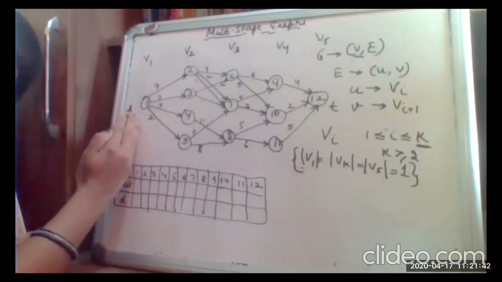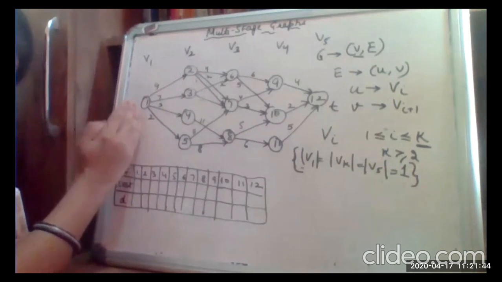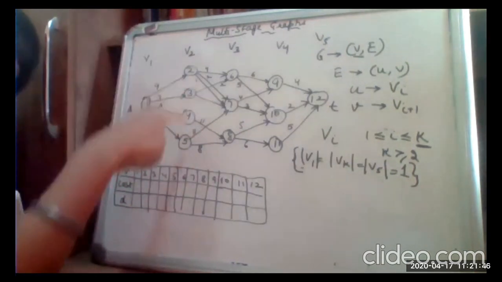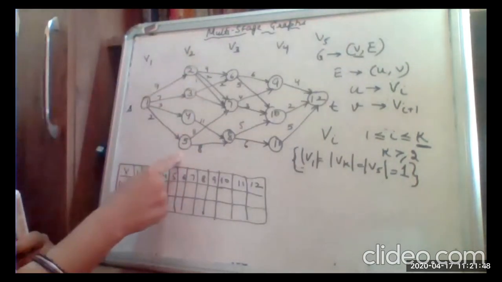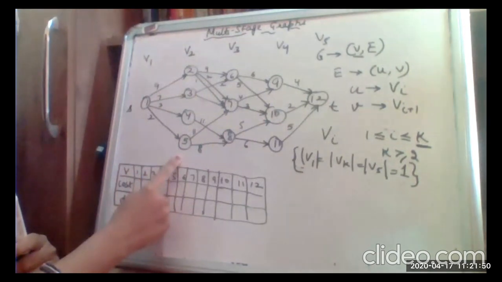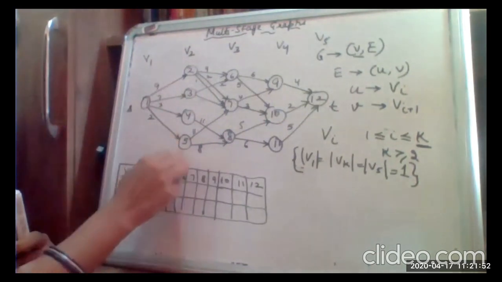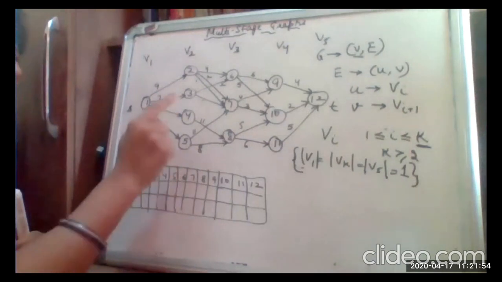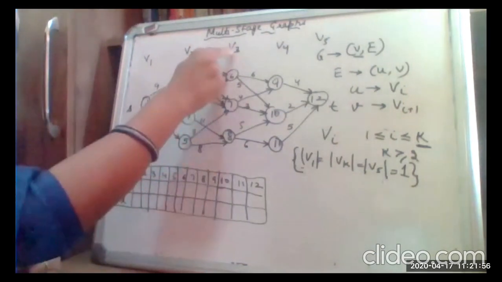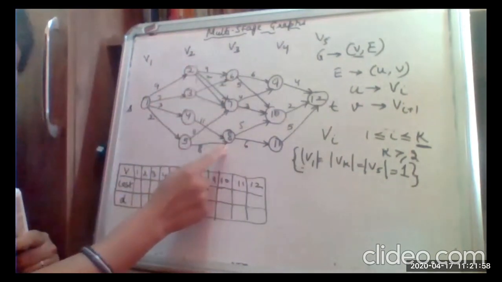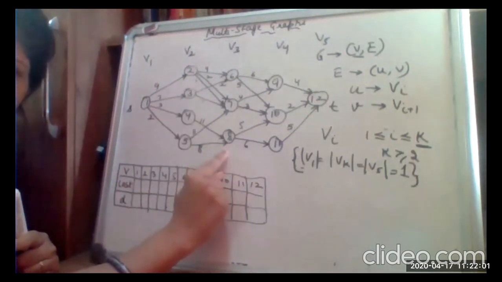All the nodes that are at one stage, and for all the edges that move on to the next stage, the stage becomes i plus 1. From here, whether it is going from the fifth vertex or the fourth vertex, all the other vertices will become stage 3.